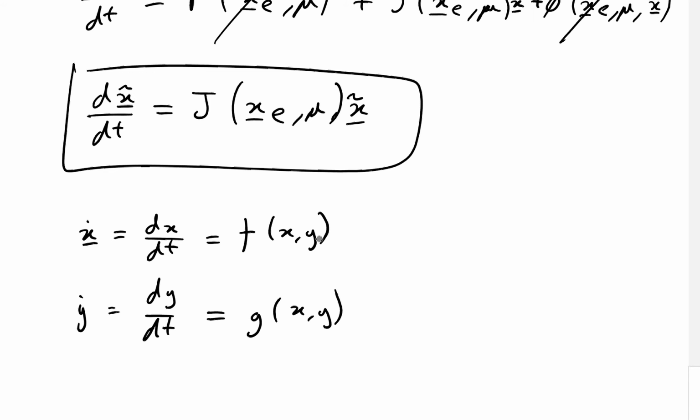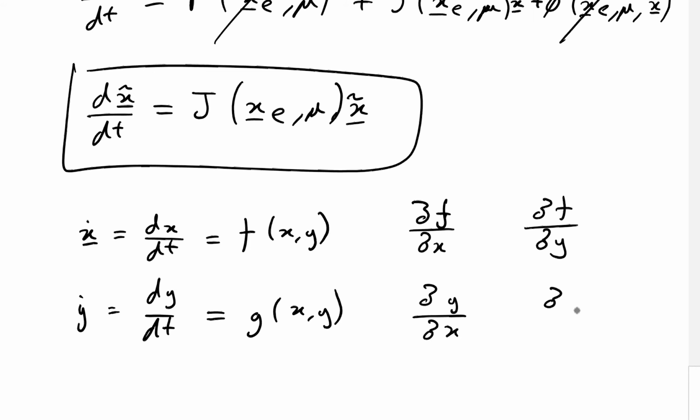I can differentiate this function with respect to x. They're partial derivatives because I can only ever differentiate with respect to one variable at a time. So I can have the derivative of my function with respect to x, but also with respect to y, because it's a function of x and y. And likewise with this function g, I can have the derivative with respect to x, but also with respect to y.